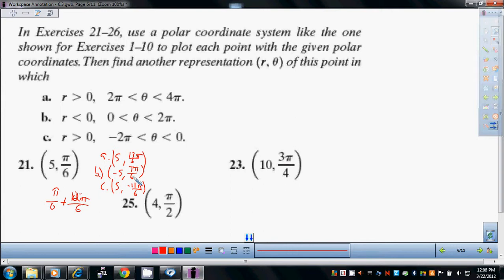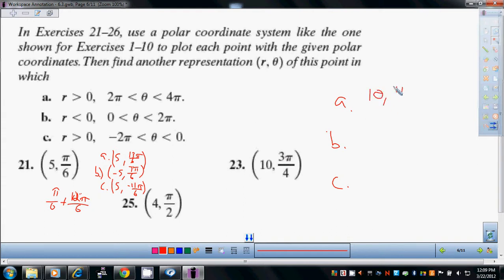I need A, B, and C. Who thinks they have part A for me? I'll call on somebody. Mr. Bursey, what do you think part A is?